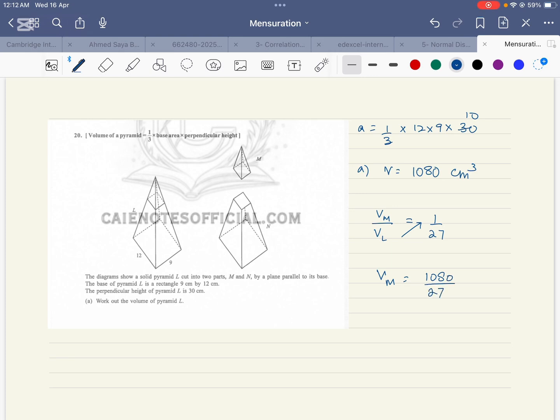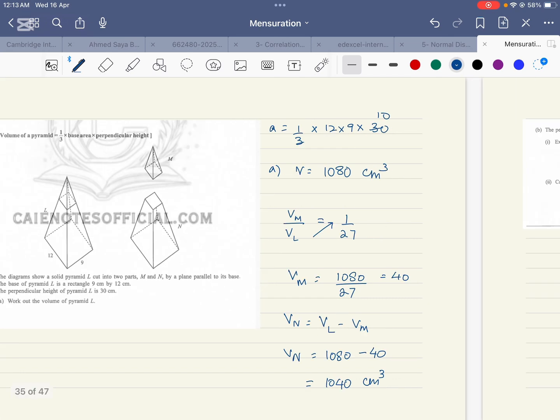The answer is 40. So volume of the remaining solid N is volume of L minus volume of M, which is 1080 minus 40 is equal to 1040 centimeter cube.